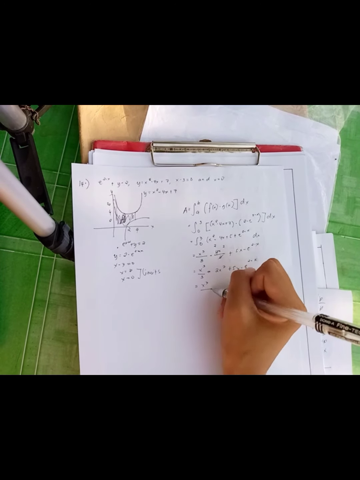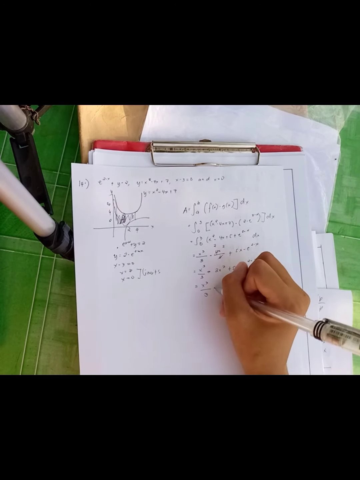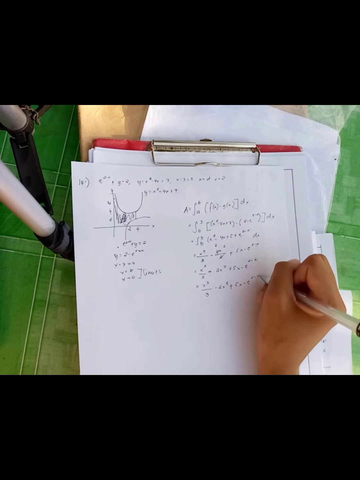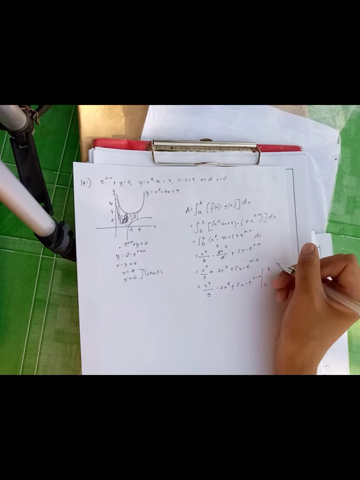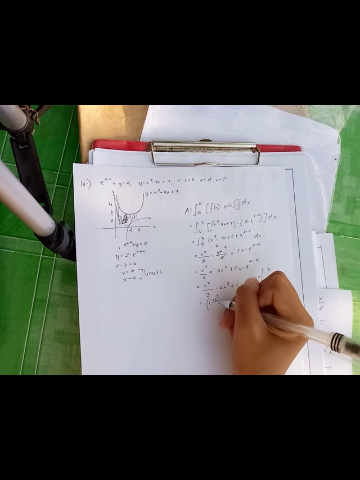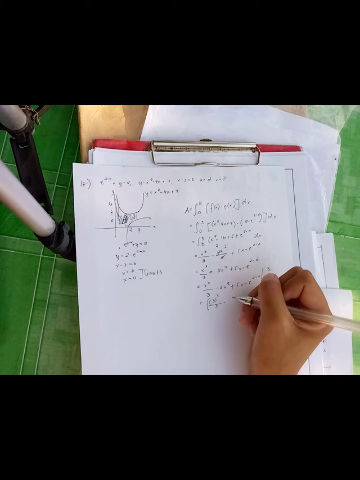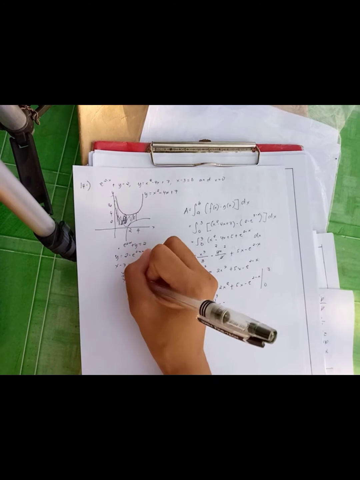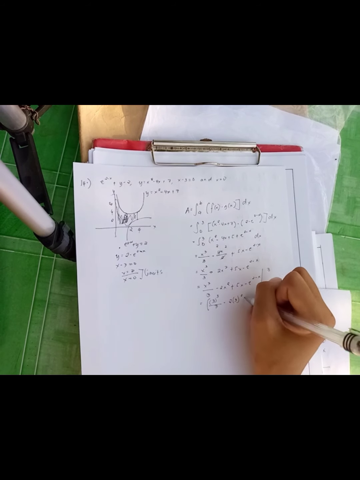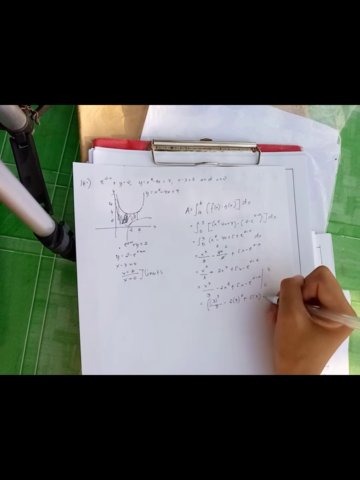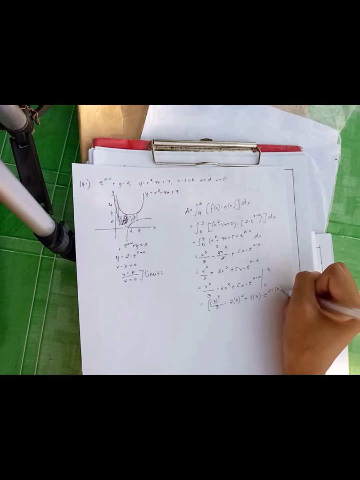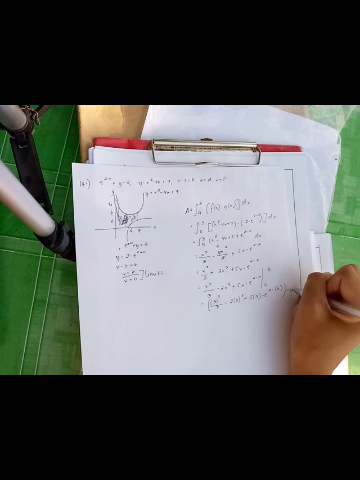Will become x third over 3 minus 2x squared plus 5x and from 0 to 3. So, magiging 3 minus since ito yung x natin, substitute natin lahat sa mga x. 3 plus 5 times 3 to 3 minus 0.